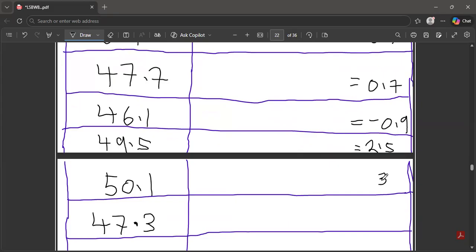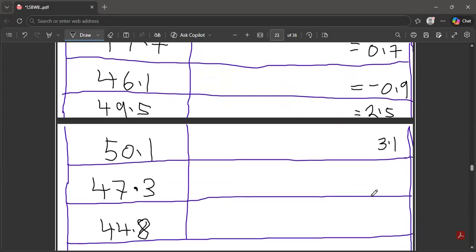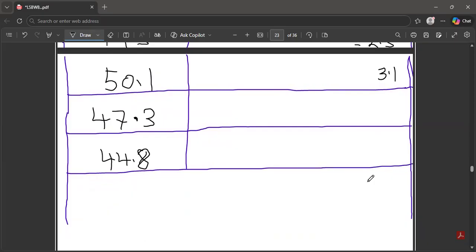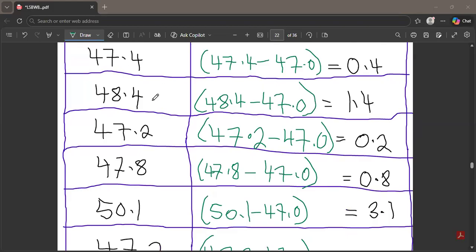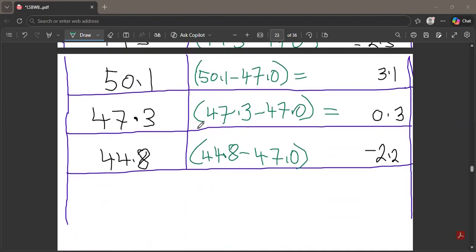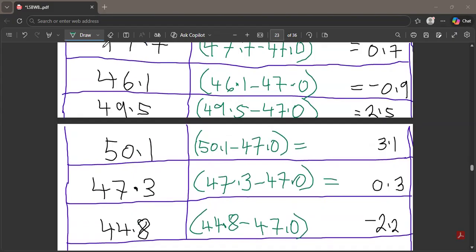This one gave us 3.1. And also this will give us minus 2.2. Yes. So this is how our table is going to look. You can see how the finished solving of the table looks.